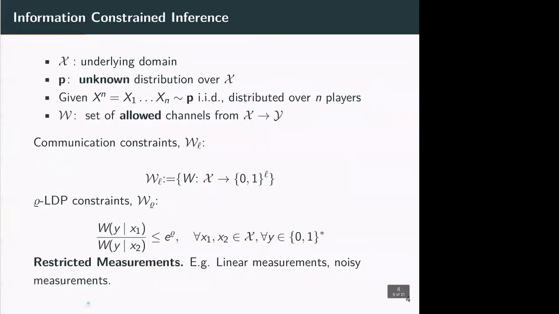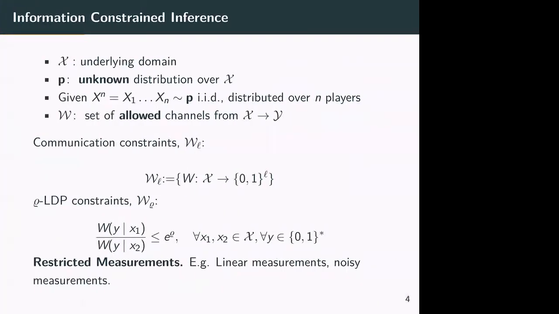setting. So if you want to describe it a little more mathematically, it's actually very simple to describe. You have an underlying domain X, so each of the data lies in X. And we assume that there is an unknown distribution over X that generates these data. So you have n users or n players, so those are devices, and each of them gets one sample.